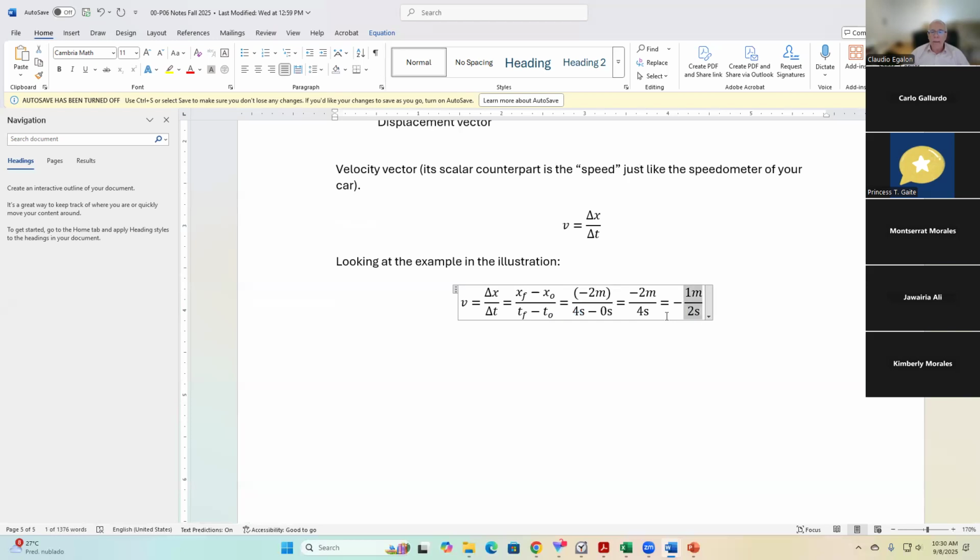What we get for the final answer is going to be half meter per second. Just like regular algebra, I gotta put this equal sign here. Minus half meters per second.